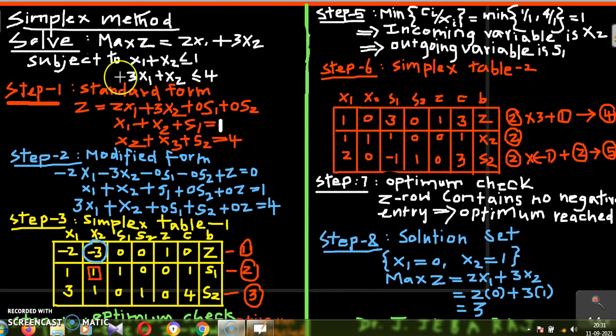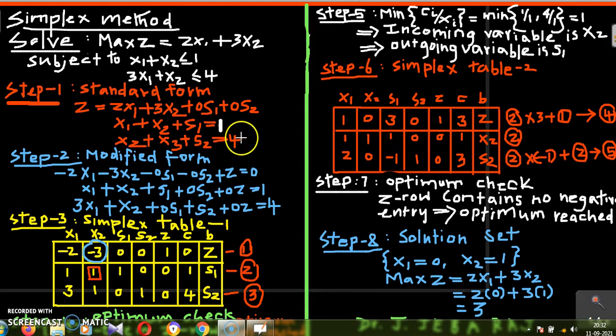Now come to the second constraint. Again, less than or equal to comes here. By adding some variable on this side, it is possible to make this equal. So a second slack variable is added to turn this inequation into an equation, and I get the second equation: x2 plus x3 plus s2 equals 4.